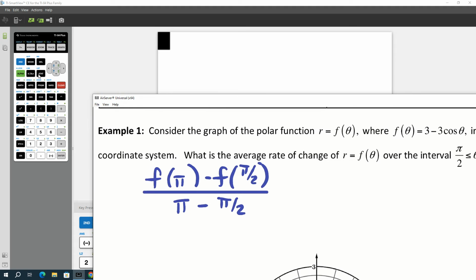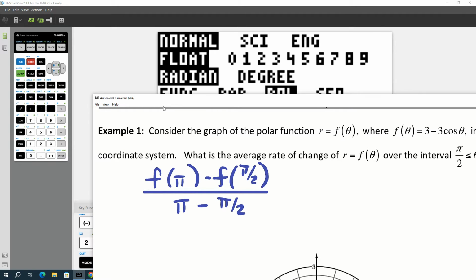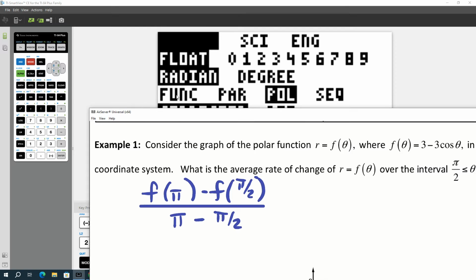All right, so you need to make sure whatever calculator you have is in polar mode. It's possible that someone else, if you're using a yellow one, might have changed it back to function mode in my other classes. So let's make sure we're in polar mode. And then we are going to go to y equals. Okay.